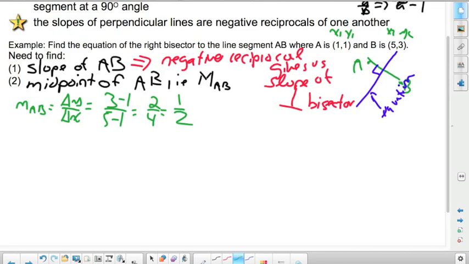The 3 is from here, right? 3 minus 1, and then 5 minus 1. Is that the slope we really want, though? How do we get the negative reciprocal of that? So the slope of the perpendicular bisector is -2.